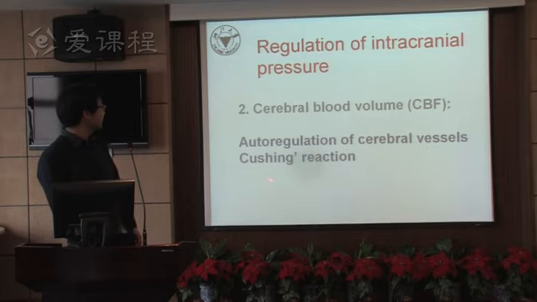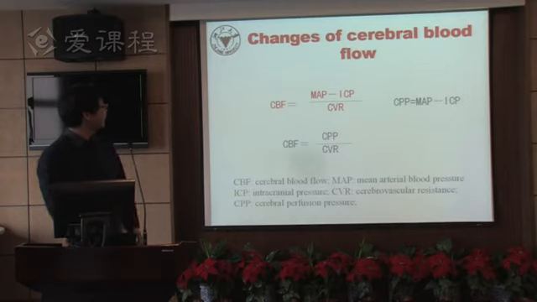The second item is Cushing reaction. How does the cerebral blood flow regulate the intracranial pressure? We can see some formulas here. CBF equals MAP minus ICP over CVR.